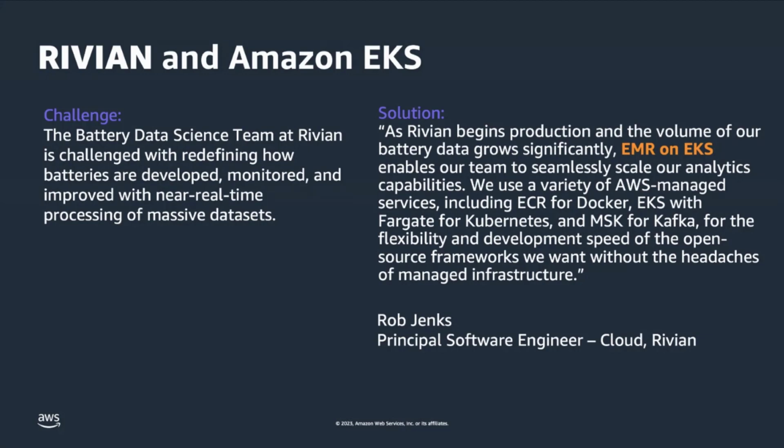Now, this was in combination with things like EKS on Fargate and MSK, which is managed streaming Kafka, for flexibility and development speed, right? The ability to use managed solutions with the popular open source frameworks for their maximum capability.